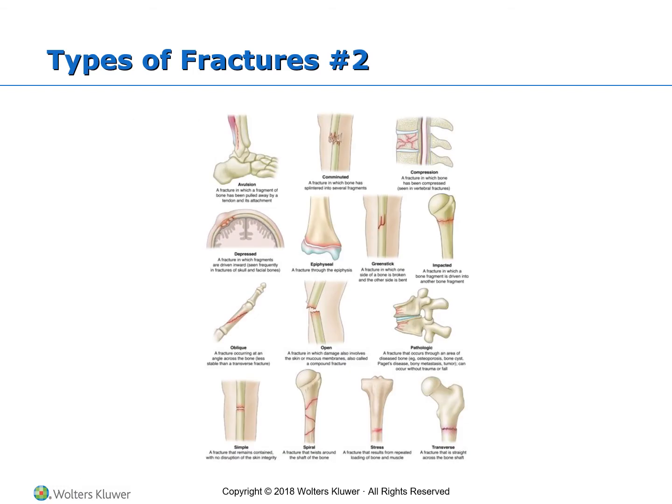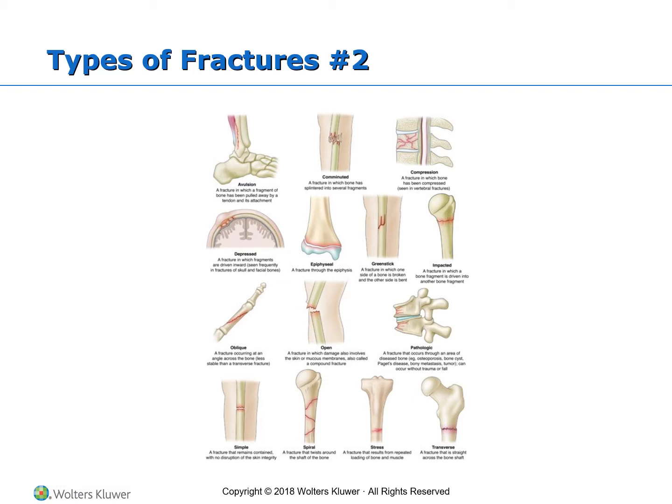Okay. Compression fractures involve a compression of the bone. It's seen in vertebral fractures. Impacted fractures occur when a bone fragment is driven into another bone fragment, and that's that impact, that's where they get that name from. Transverse fracture occurs straight across the bone shaft.